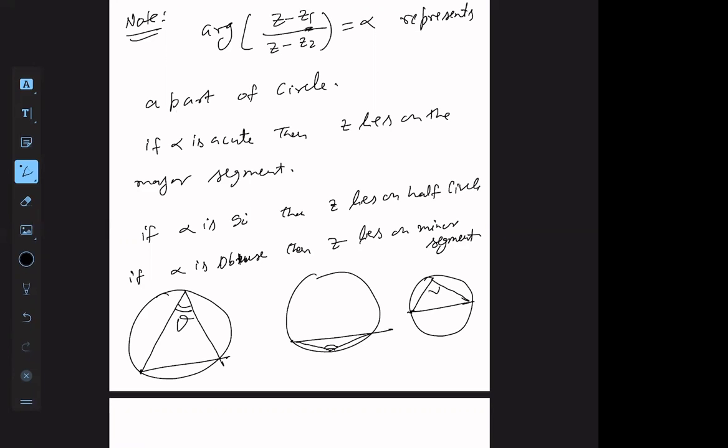And you know this one, if AB is the diameter, then this will be 90 degree. Angle made by chord on major segment is always acute. Angle made by chord on minor segment is always obtuse. This is the basic result.